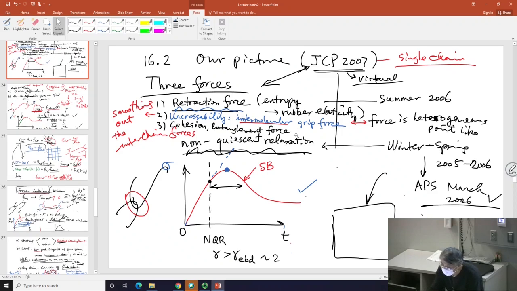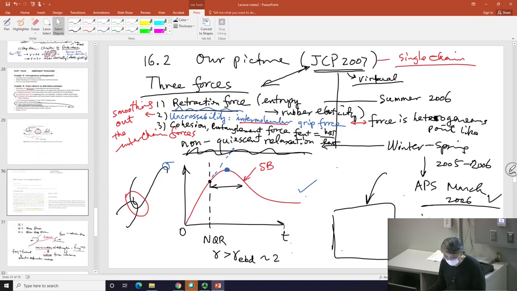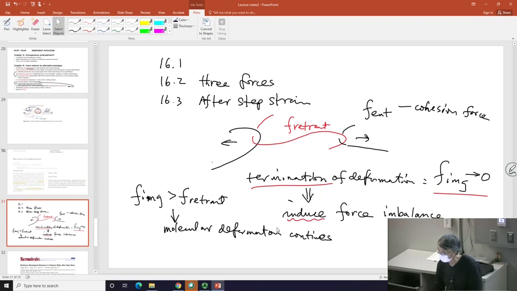It's really just on the order of the so-called entanglement force, which is really just, by scaling, kT divided by the entanglement spacing. So bear with me. So I basically made a claim that this is a force of a magnitude not very large, kT divided by entanglement length.